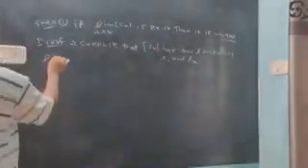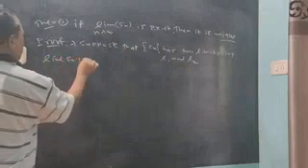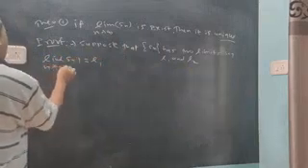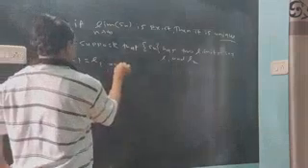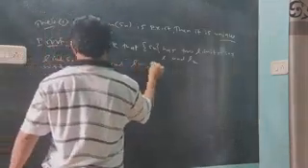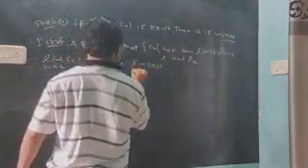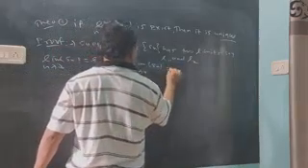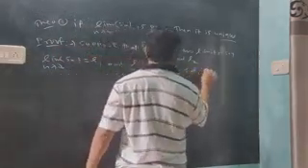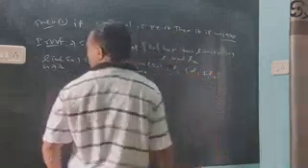That means the limit of this sequence S_n is L1 as n tends to infinity, and the limit of this S_n is also L2. Actually here they are not equal, but at last we show they are equal.